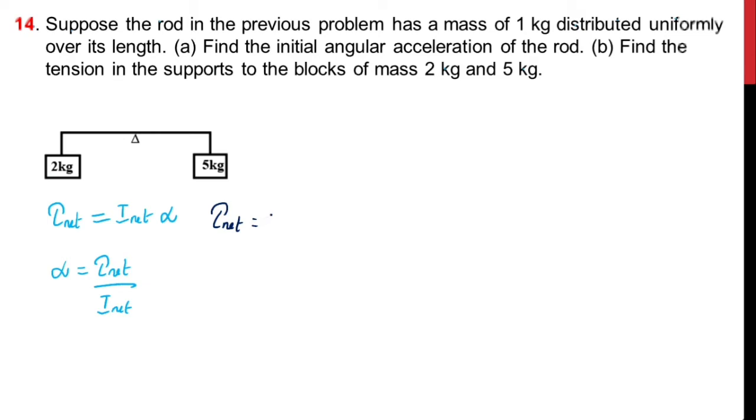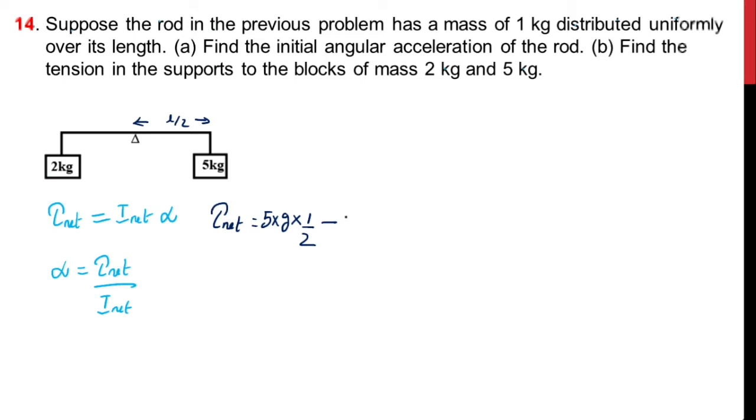So we can write 5g, mg, into the perpendicular distance, L by 2. Here L is already given as 1 meter in the previous problem. So it becomes 5g into 1 by 2, minus now the moment due to the 2 kilogram.